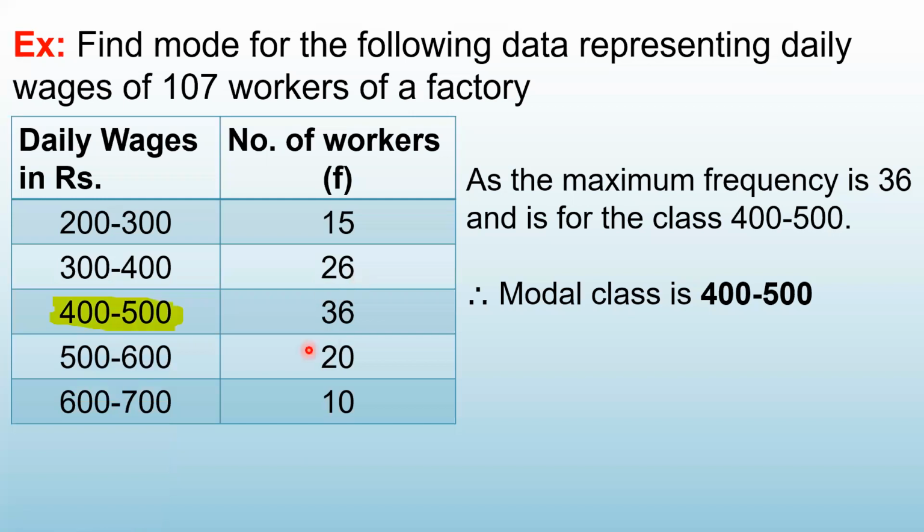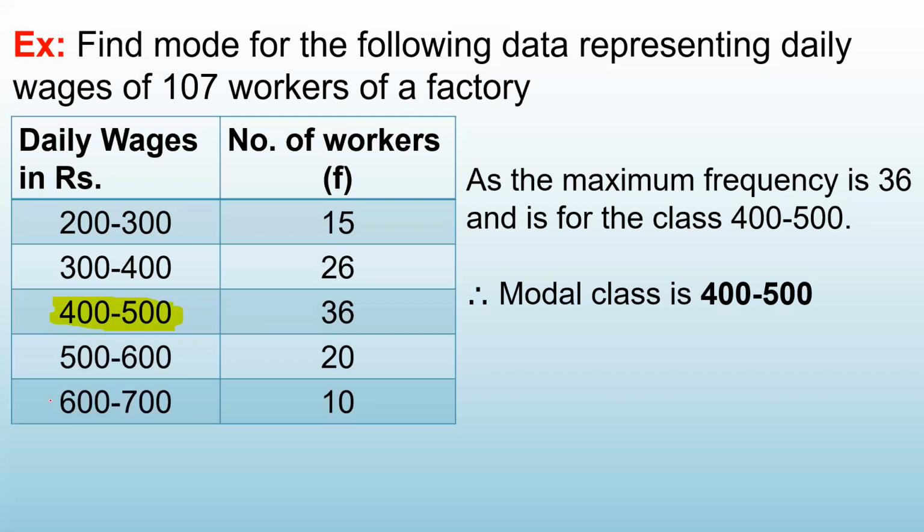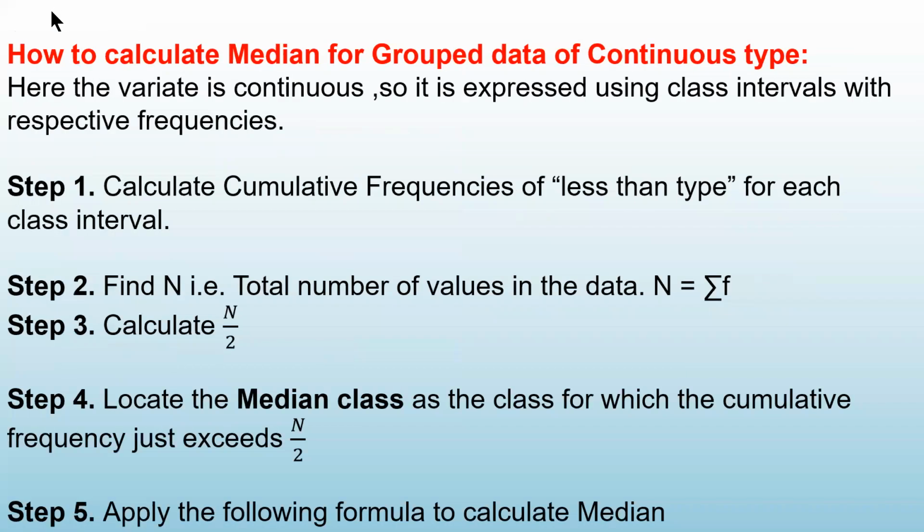It is this 36. वो क्लास is the modal class. Okay, so the modal class in this problem is 400 to 500. Frequency is maximum. As the maximum frequency is 36, it is for the class 400 to 500. So modal class is 400 to 500. Now we will apply the formula. Okay? Write down the formula to calculate the mode.